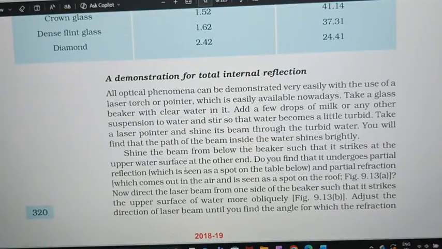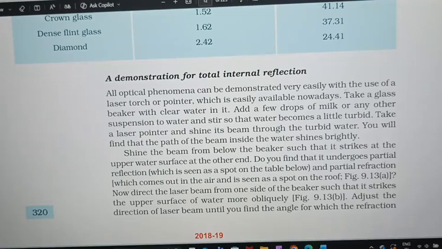Now if you want to demonstrate total internal reflection through a certain experiment, one way to do it is you can take any beaker and take clear water in it, and then add a few drops of milk till it becomes a little bit cloudy, opaque, fully white, right?